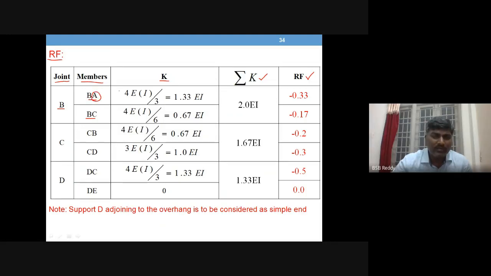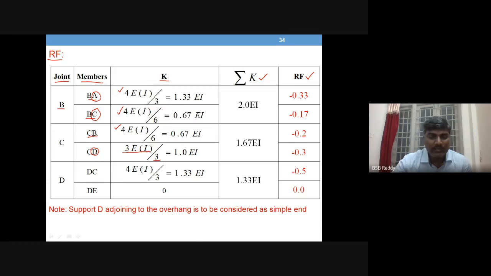A is the far end which is fixed, so we use 4EI by L, and C is continuous, it's like a fixed support, so it's 4EI by L again. Similarly, joint C, CB, B is continuous, so 4EI by L, CD. Now D you have to treat as an end hinge. So that's why it is 3EI by L.